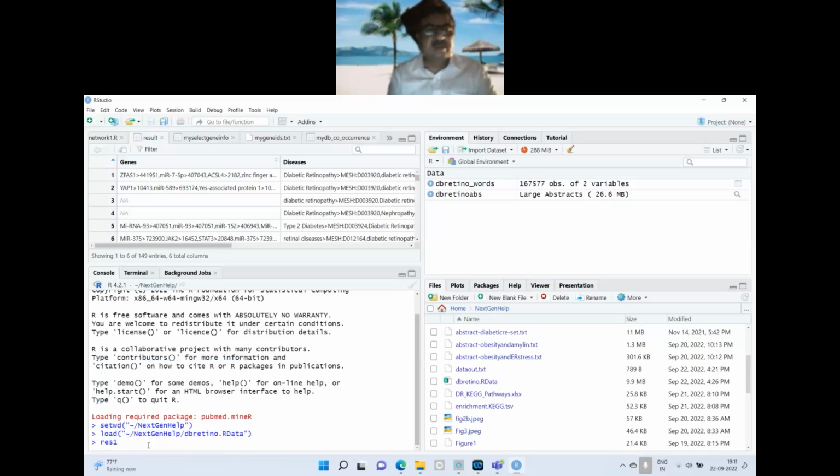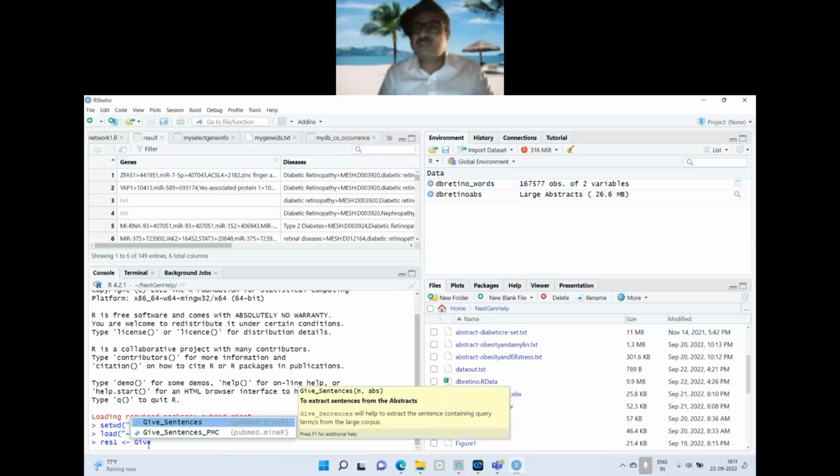And I write like this. So you can see give sentences. There are two functions. One will give sentences from the abstracts which are loaded here, and another will take the sentences from the full paper from the NCBI directly.